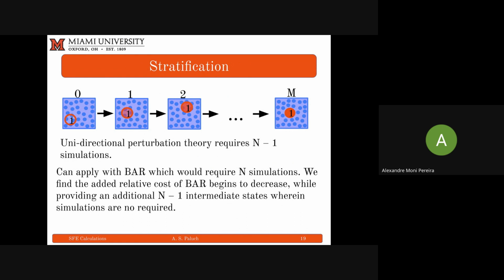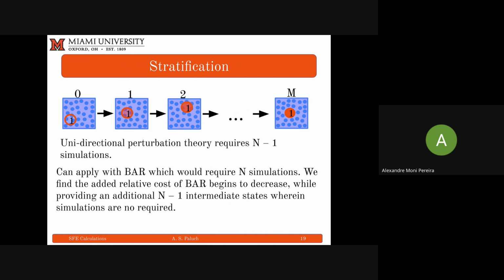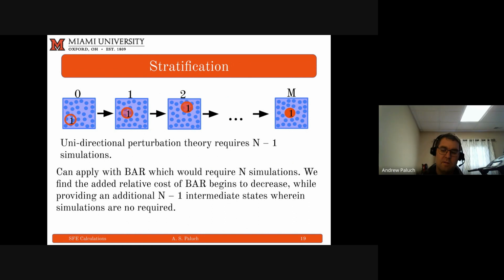But since the beginning of the simulation, the solute still has mass. Just turning off the Lennard-Jones interactions allows the overlap between solvent and solute.